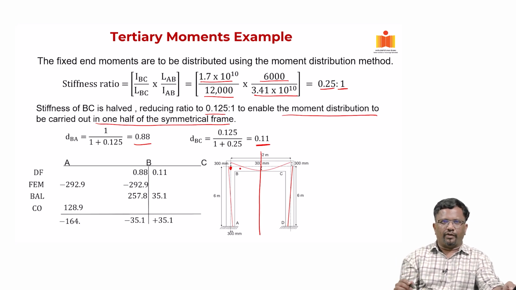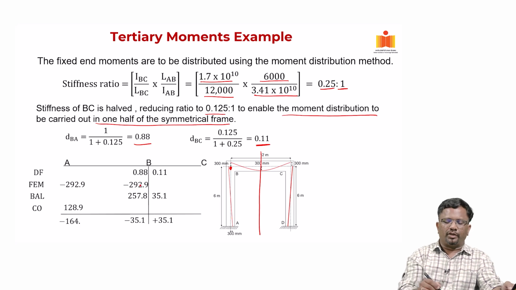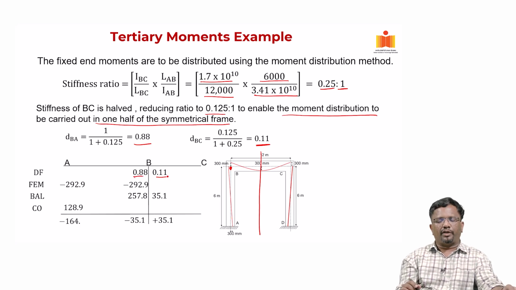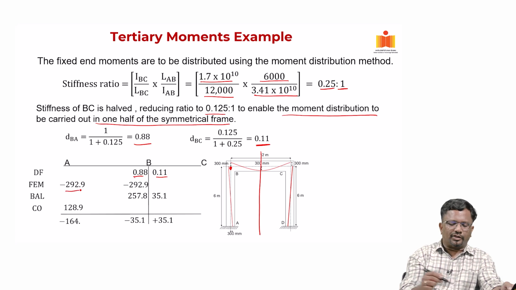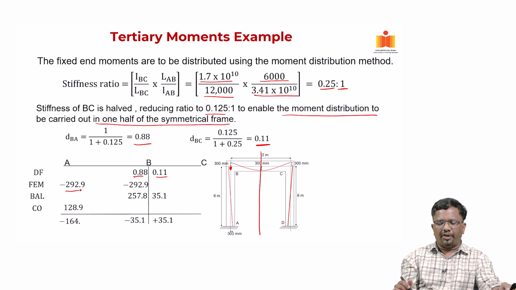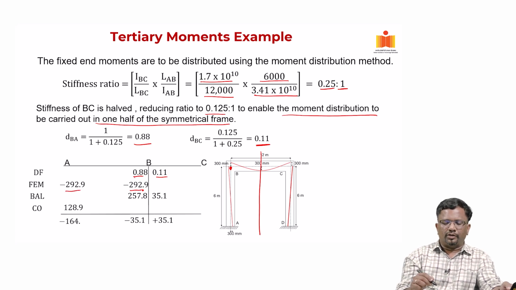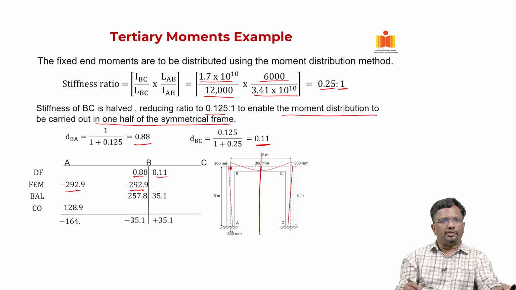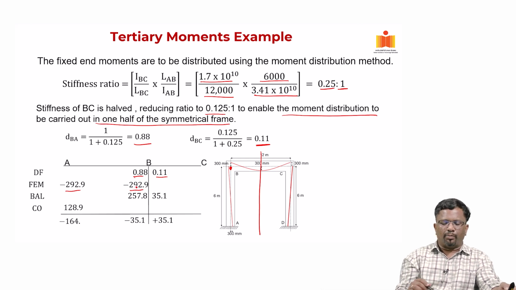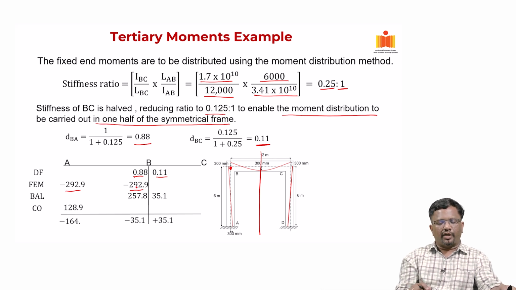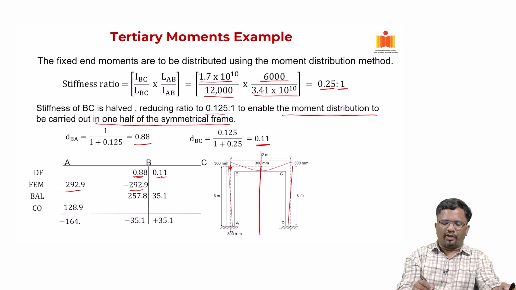So, again we have, now that we have found, we can do simple moment distribution method. Joint B has 0.88 and 0.11. These are the fixed end moments that we found at A and B, and this joint B has to be balanced. So, I have to apply plus 292.9, and then I am going to put it in the proportions of 0.88 and 0.11.